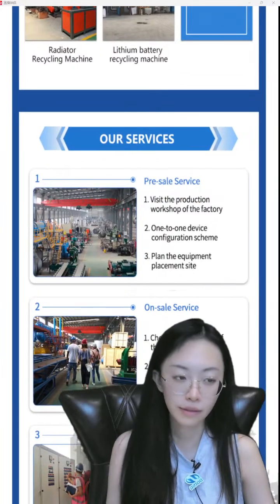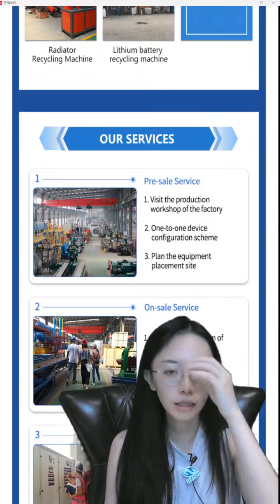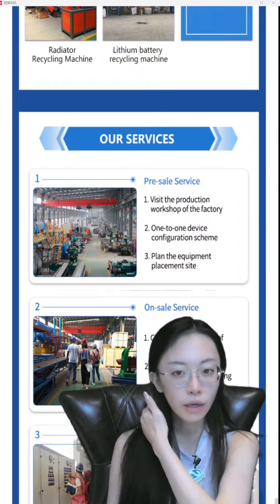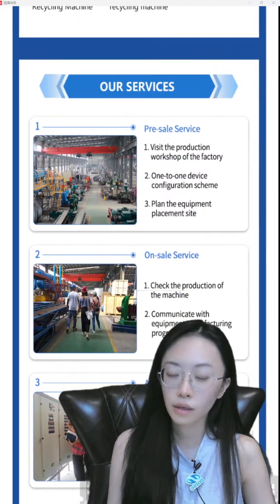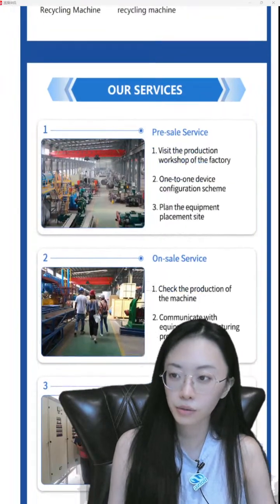For pre-sale service, you are very welcome to come to our factory to see the processing line and detailed technique. We have a 1-to-1 configuration scheme, so our engineer can give you a plan for the placement site and other plans for you.